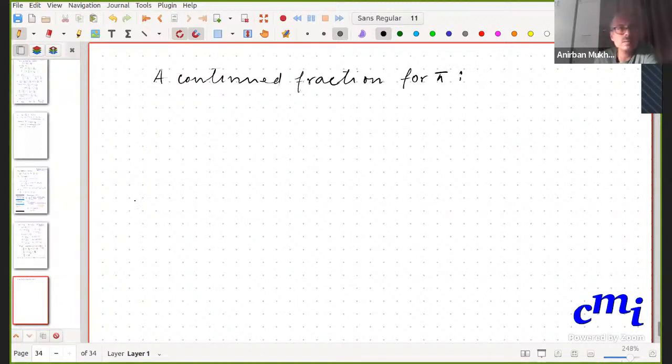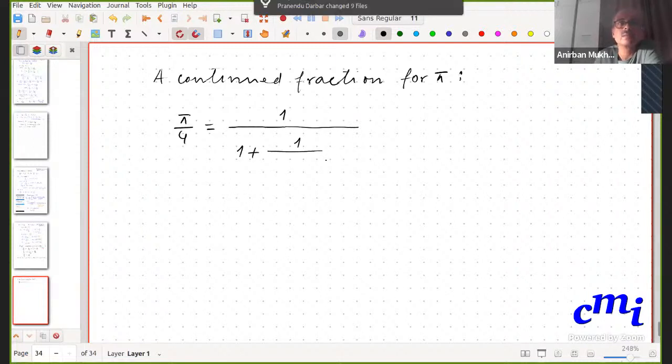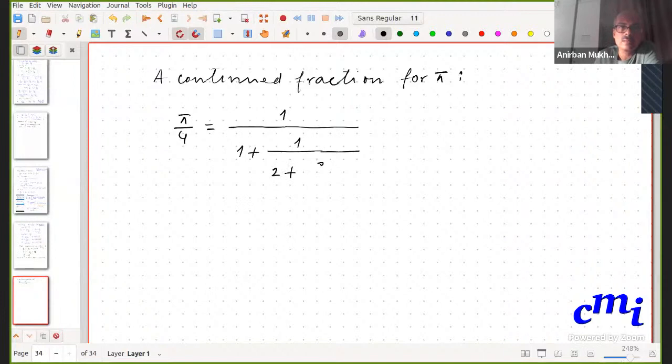I will write it so that you see this. So pi by 4 can also be written as 1 over, let me write this carefully, 1 plus 1 by 2 plus 3 square. So we are allowing integers in the denominator which are not necessarily 1.